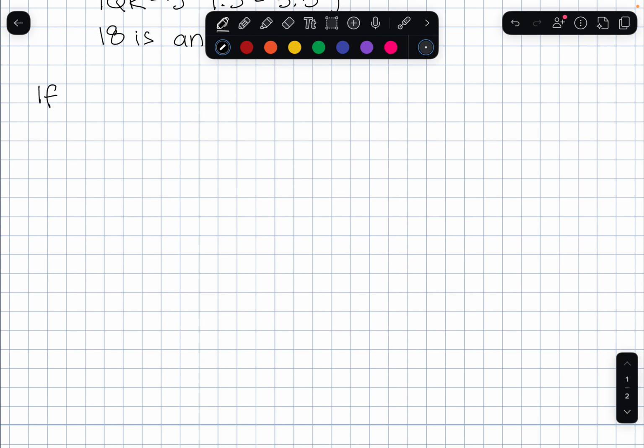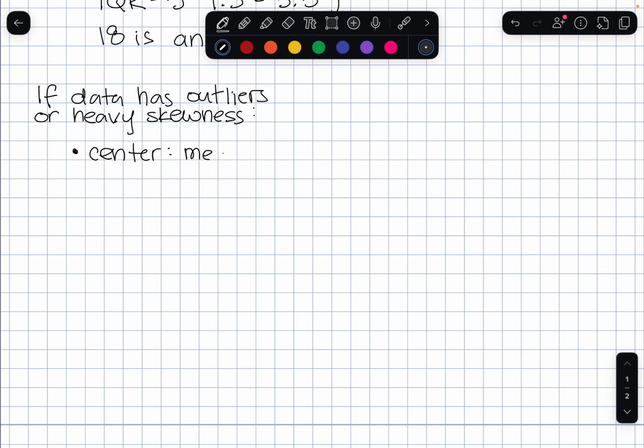So if the data has outliers, or if it is heavily skewed, if one of those two things or both of them is true, we're going to use the median, and we're going to use the IQR.